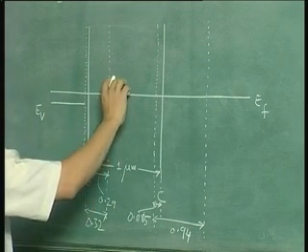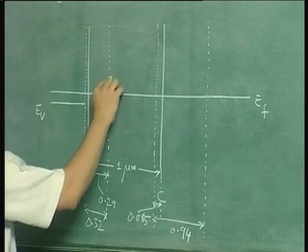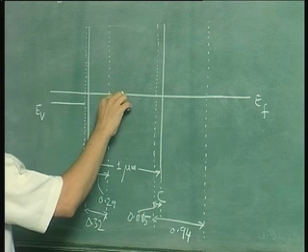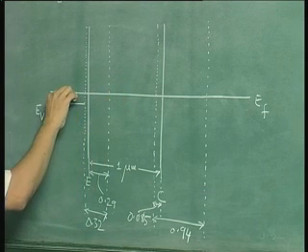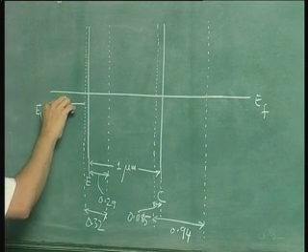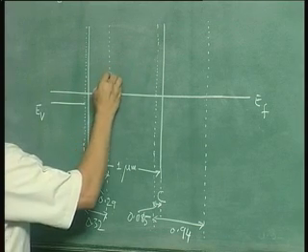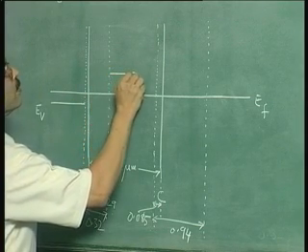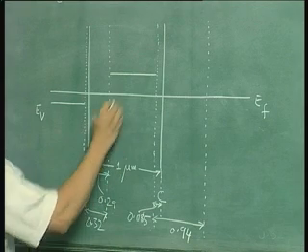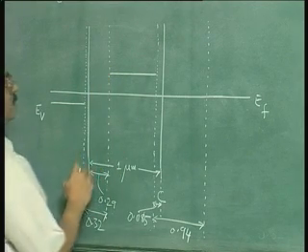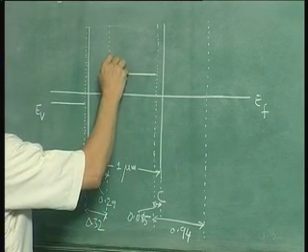The doping in the base is 10 power 16. So the distance between conduction band and EF will be more than the distance between valence band and EF here, because this is N type. So we take little bit more. So let us say this is EC.